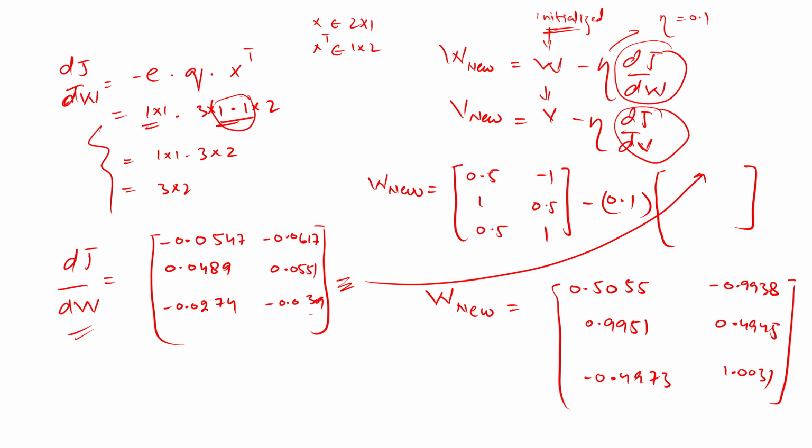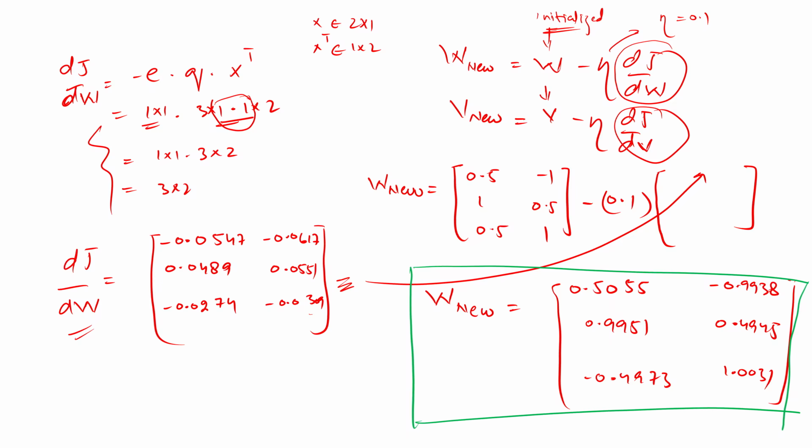1.0311. Now you have to note this value because all of this mathematics is actually for this value of W new. After that we have to find the value of V new, and we will have completed the first iteration.